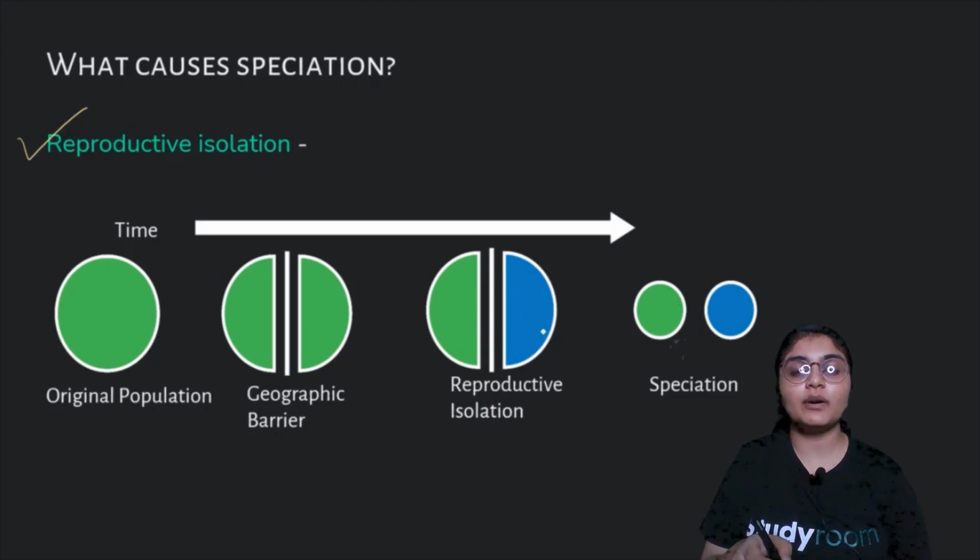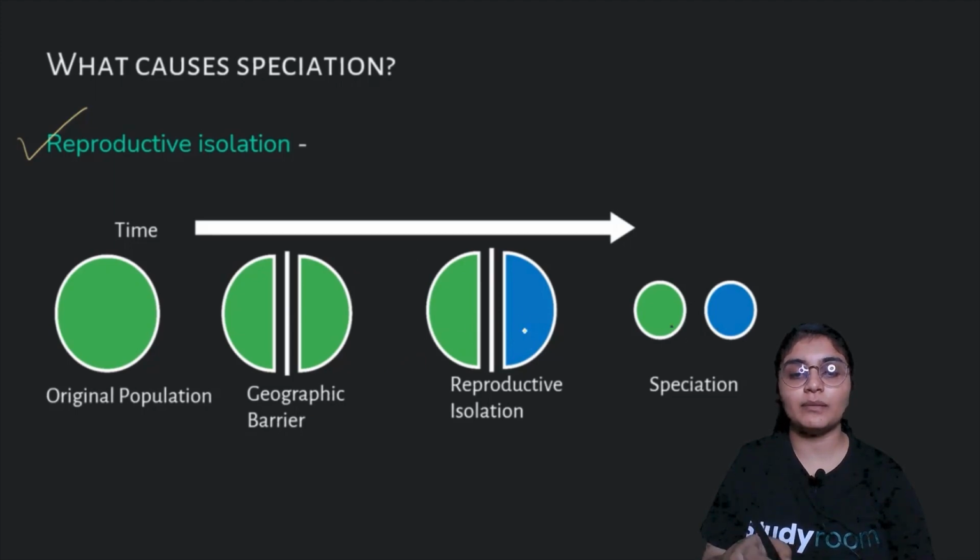Because the individuals of this population cannot mate with the individuals of that population, as they have become a different species due to characteristics they developed with the passage of time because of the geographical barrier.